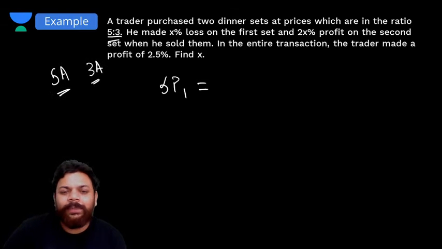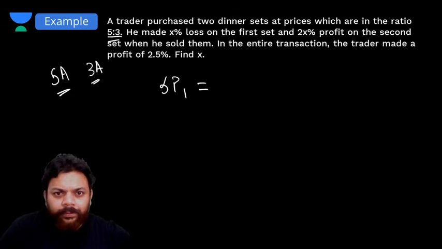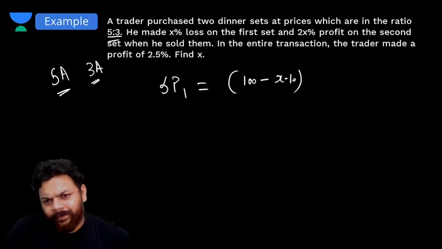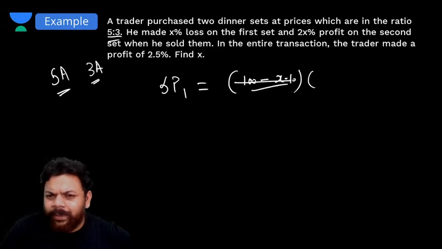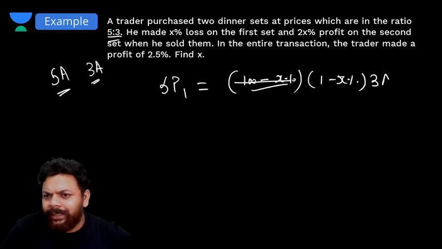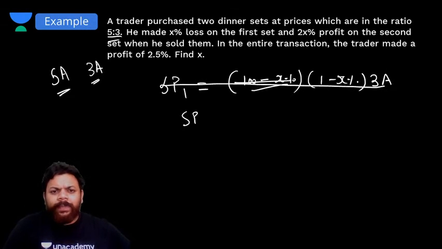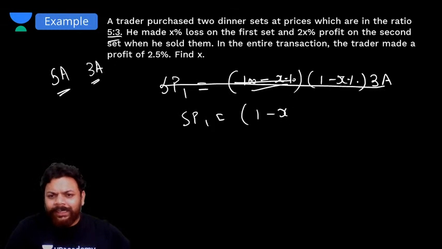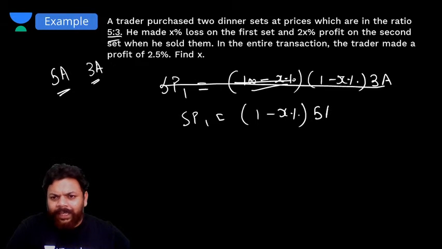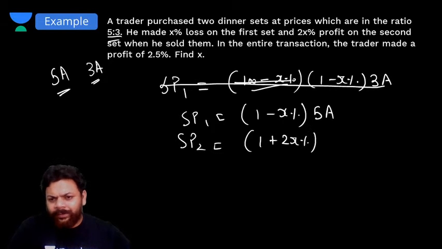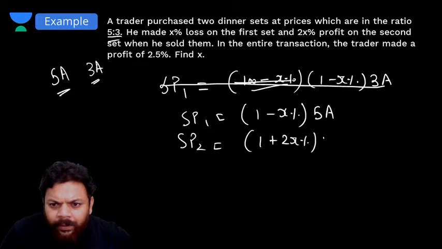So selling price 1 must be written as 1 minus X percent of 5A, and selling price 2 must be 1 plus 2X percent of 3A.